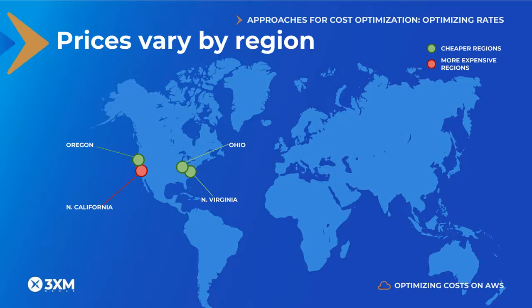But within these constraints, you always want to select the geographic region or regions that minimize your costs. Note that not all US regions cost the same. California, for example, may be up to 21% more expensive than Virginia or Oregon for some workloads. Now, while Virginia is across the country, latency between Oregon and California is around 30 milliseconds. So although you and your users might be closer to California, choosing Oregon might still be a better alternative if your application can tolerate the extra latency of 30 milliseconds.